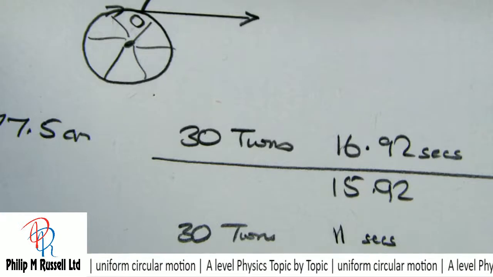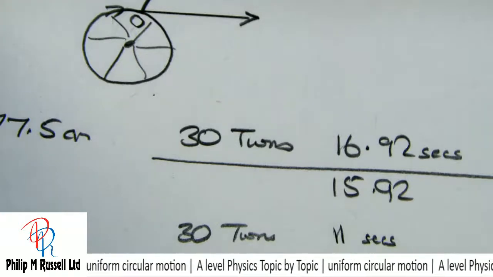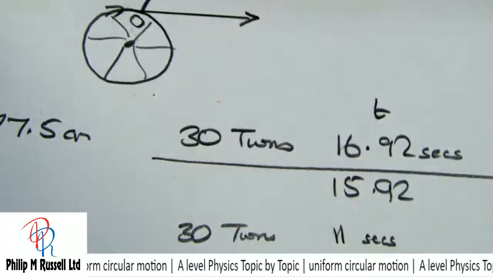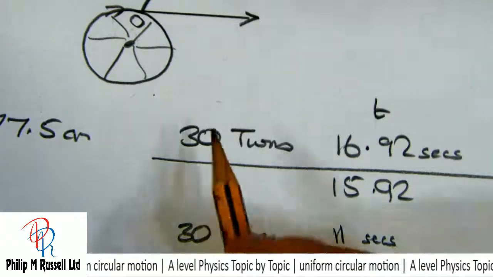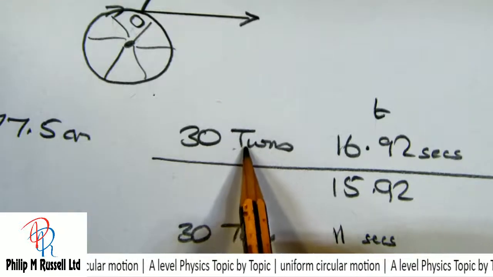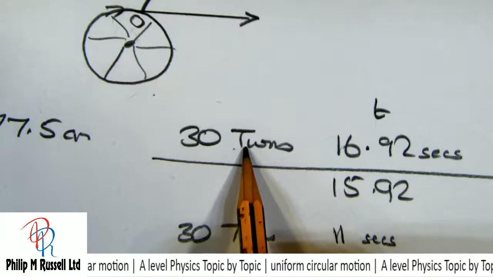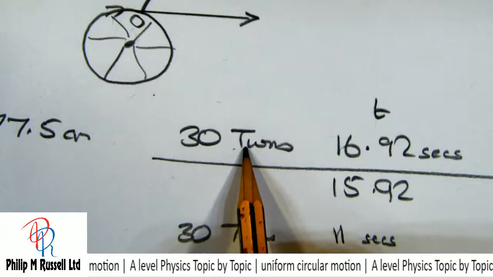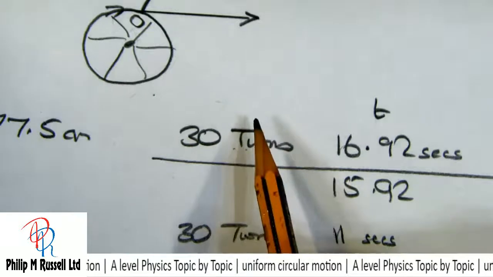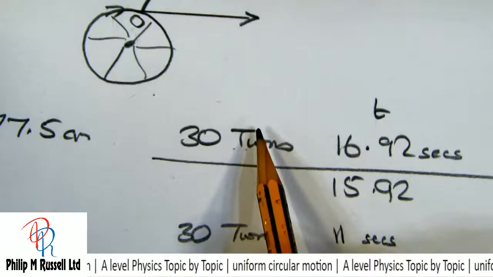Now, I've got simply a time, and we can work out basically if I've done 30 turns at this, then we can work out what my velocity could be.